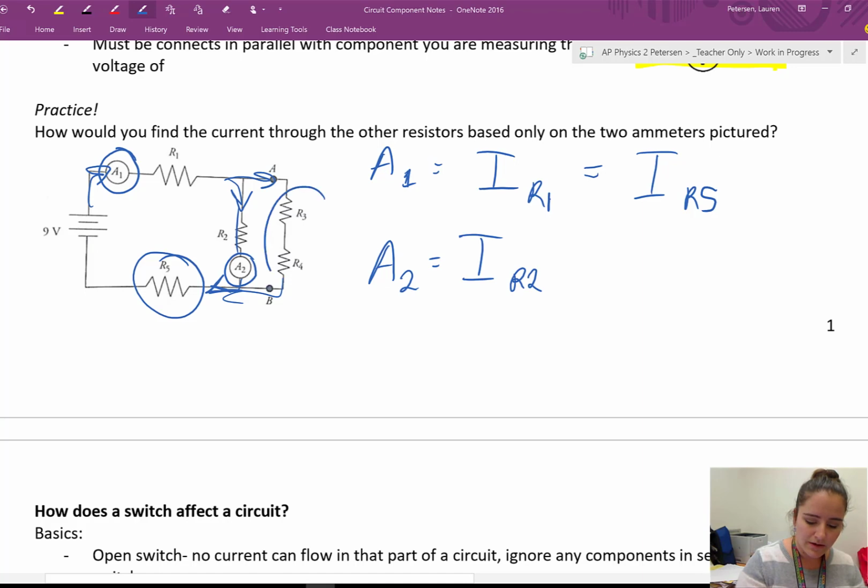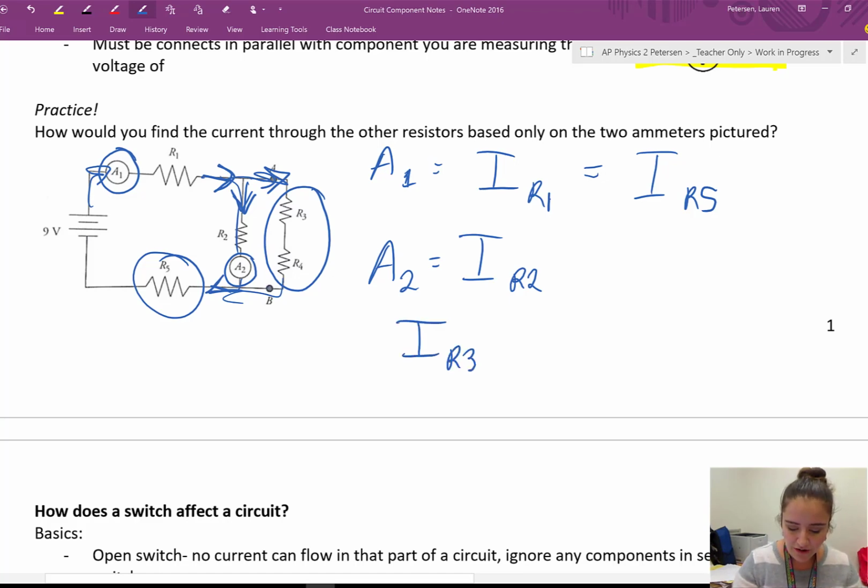But what about R3 and R4? Now, for this one, we need to understand something about current. It's conserved in a circuit. So if you have this current going in this way, and you know how much goes that way, the rest of it goes in the other direction. So to get the current through R3, it's equal to the current going through R4, because again, they are wired in series with each other.